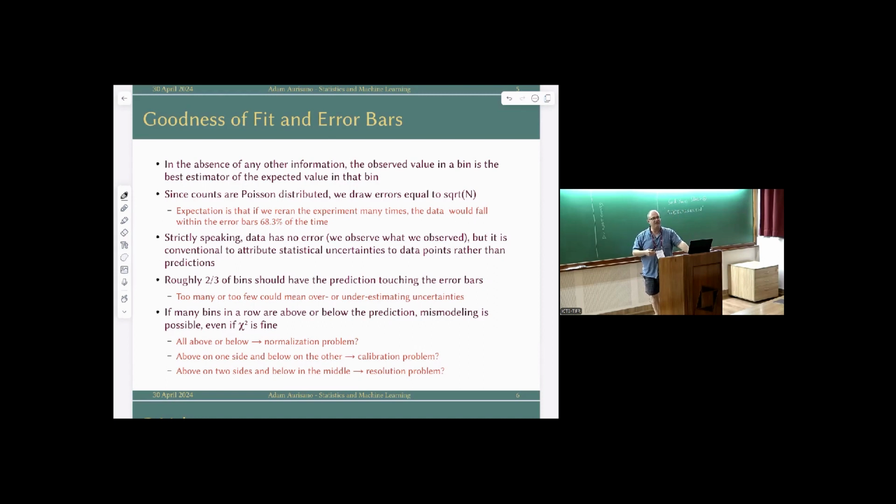Historically, part of the reason is that in absence of any other information, if you're just given a bin with n observed, then n observed is the best estimator we have for n expected. But it's not the same thing as n expected. So the error on a bin should be root n expected, but of course we don't know what that is. So we use root n observed.